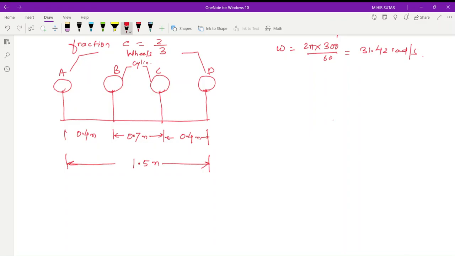Now the angular position between them: let's say one cylinder is here at a horizontal position, another is at right angle to each other, so C will be here, okay, and let's say A is here at an angle of theta A from the horizontal, and let's say it will be dotted.